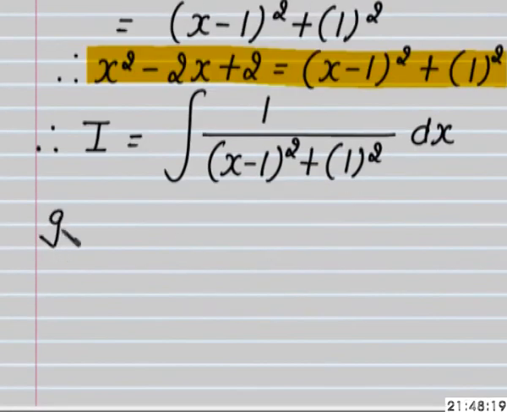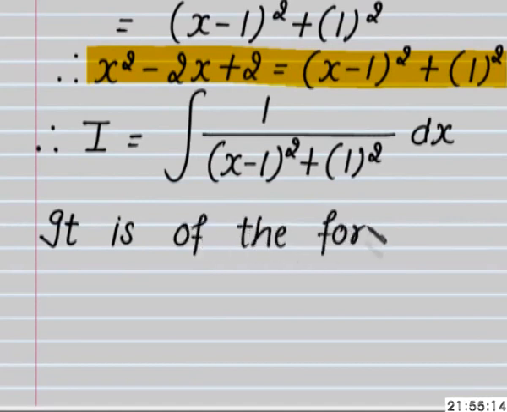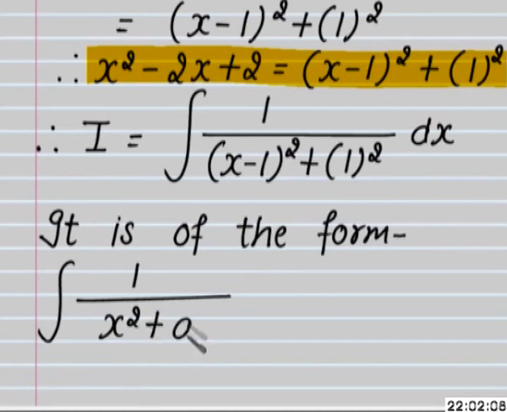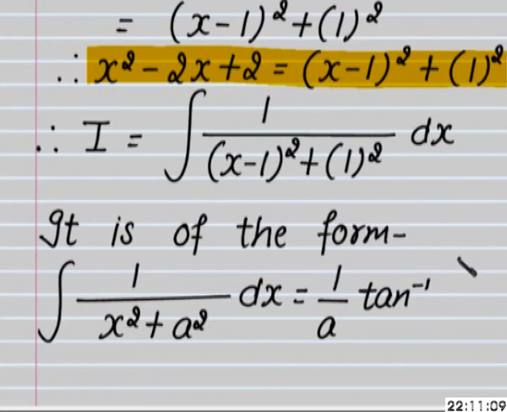Further, it is of the form integral of 1 upon x square plus a square with respect to x is equal to 1 upon a into tan inverse of x upon a plus c, where c is the constant of integration.